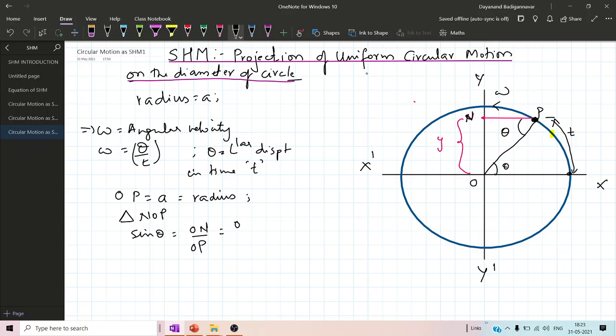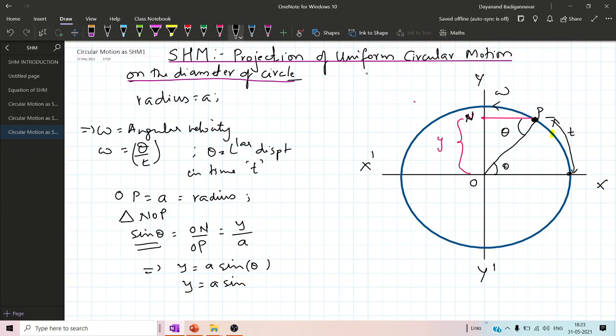ON is Y, which is nothing but the displacement, and OP is the radius of the circle, which I take as A. Rearranging, Y is equal to A sine theta. Not adjacent side, if I said adjacent side, kindly correct it: ON is the opposite side and OP the hypotenuse.